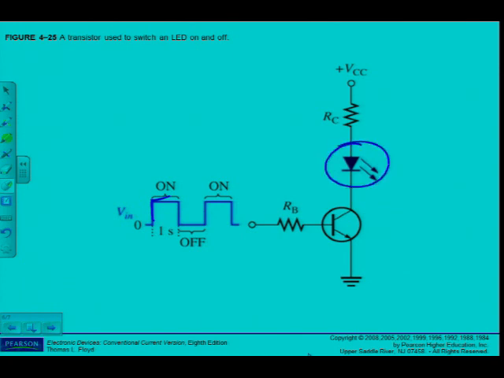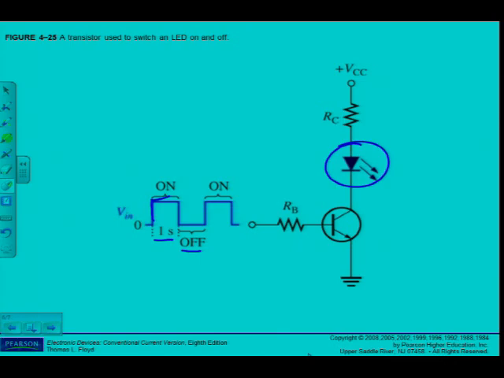Remember to look at the LED's limitations as well, to switch on the LED for intervals of 1 second on, 1 second off. Simple application there to switch the transistor on and off at 1 second intervals.